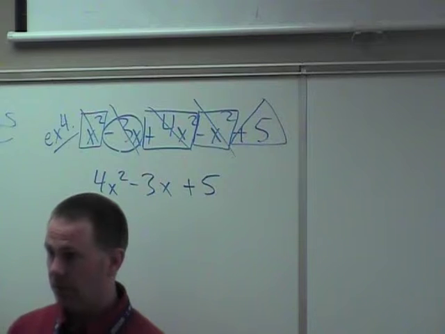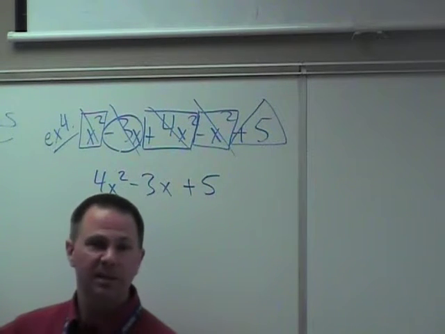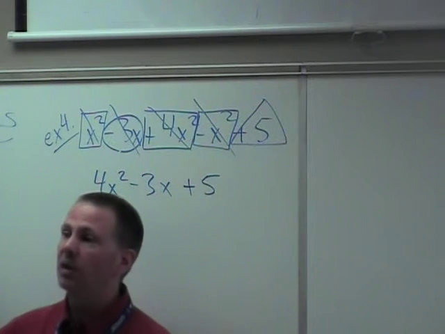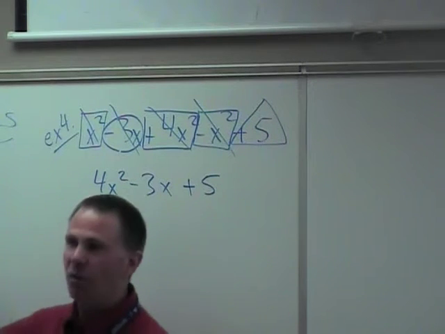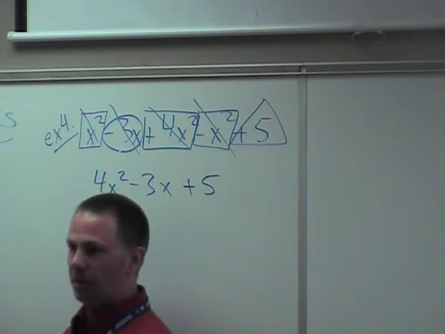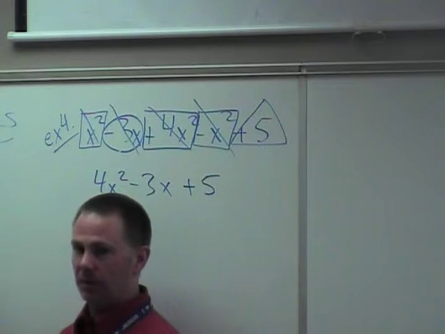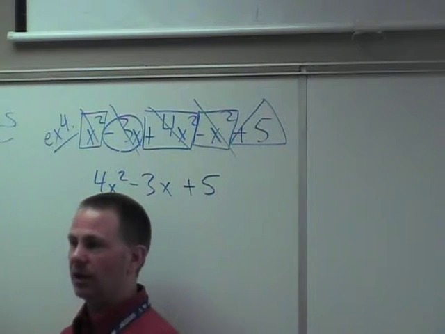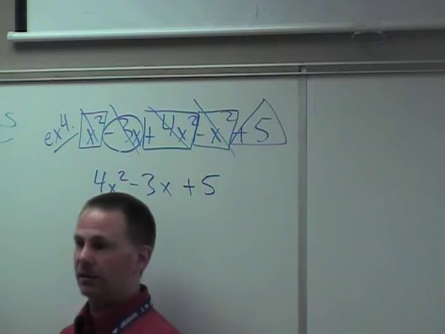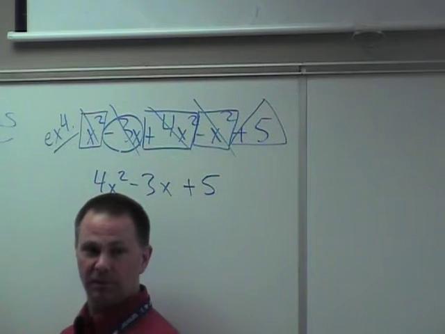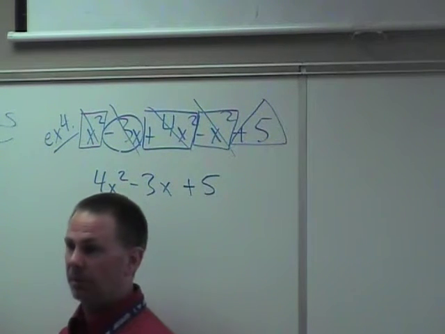Right now, none of this stuff means anything to you. You don't know why you'd be doing this. But I can't go that far down the road. We need to start with baby steps to get you to where we need to be. If you can't do this and you go to Algebra 1 next year, you're hosed. You gotta be able to do this.